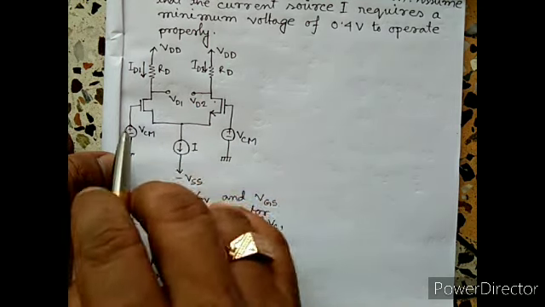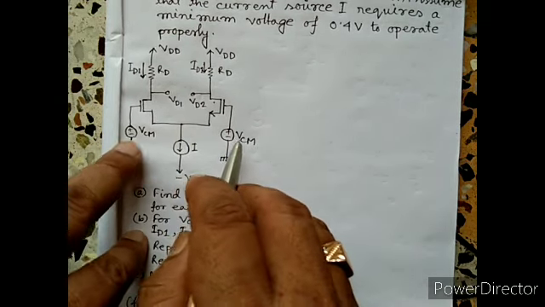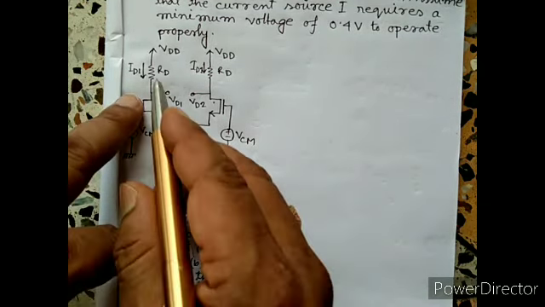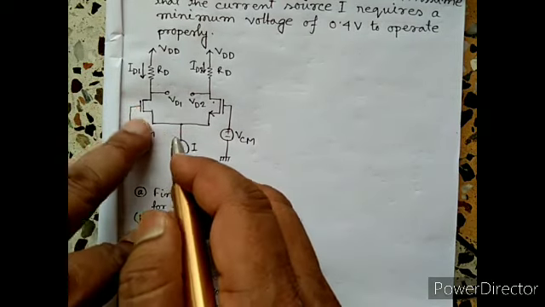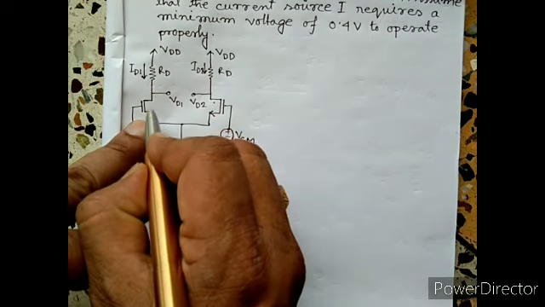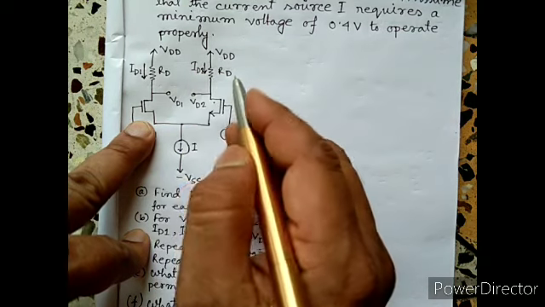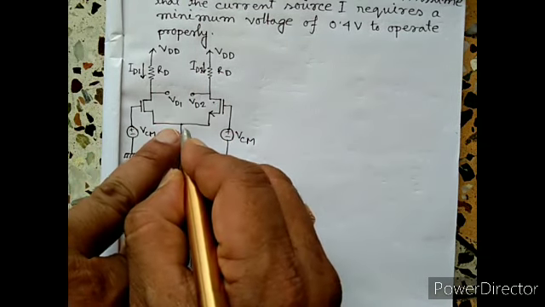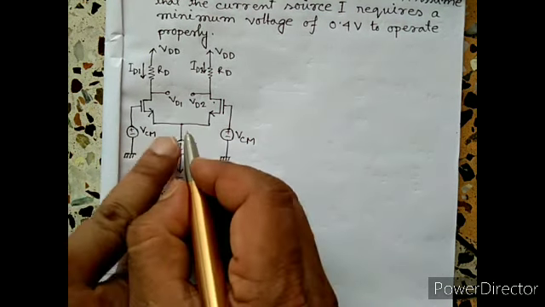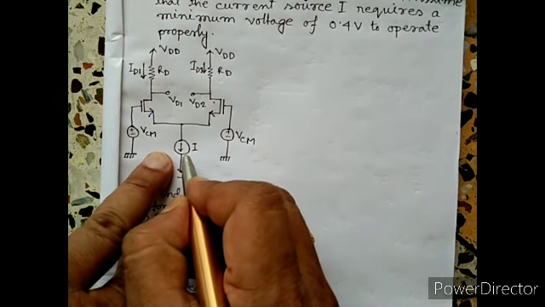The transistors are matched, and as the same potential is applied across the gate terminals, the current passing through the transistors should be the same. The current through this transistor is ID1 and through this transistor is ID2. The sources of both transistors are connected through a current source.